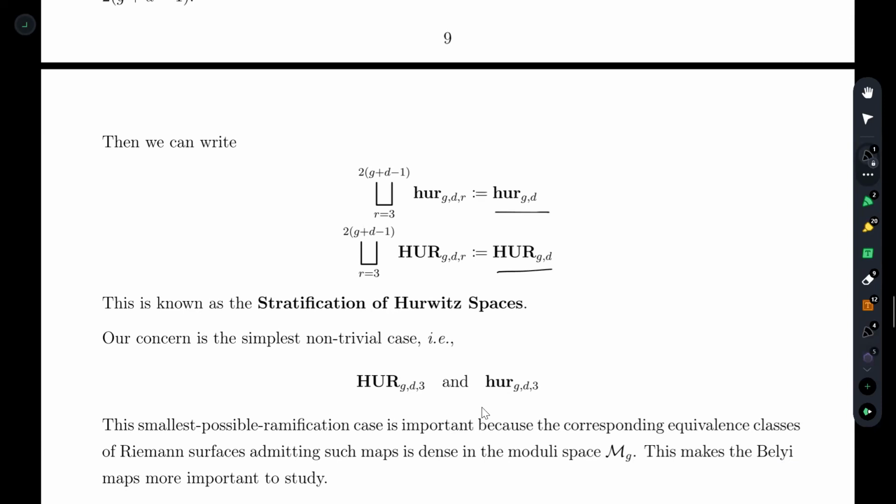So we actually define these Hurwitz spaces this way. We are only considering the critical values to be greater than or equal to 3, and up to this bound we just have seen. So this thing is known as the stratification of Hurwitz spaces.